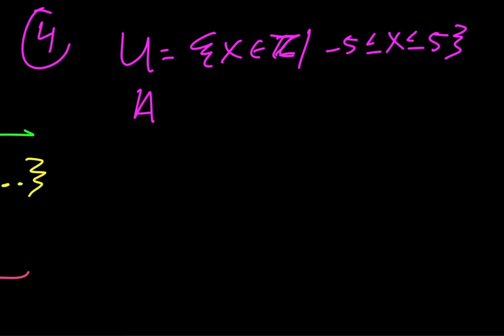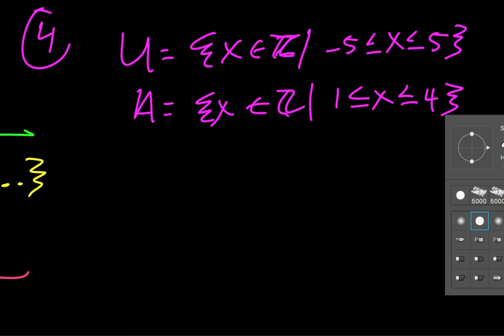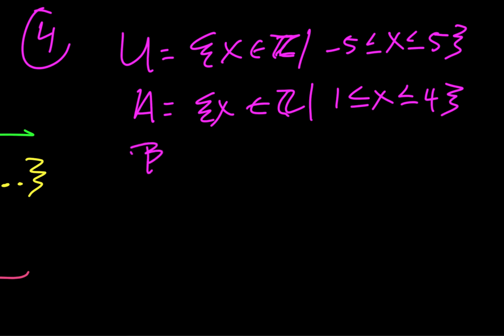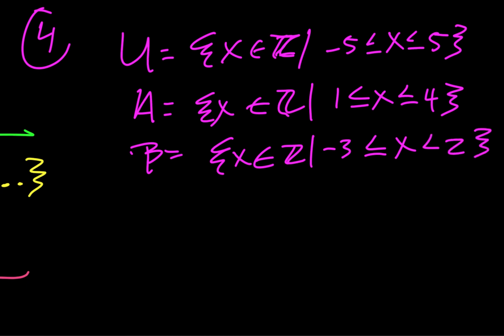We're given A, and we're given B. Okay, and then we want to list the elements of each thing that they ask for. So list the elements of A.